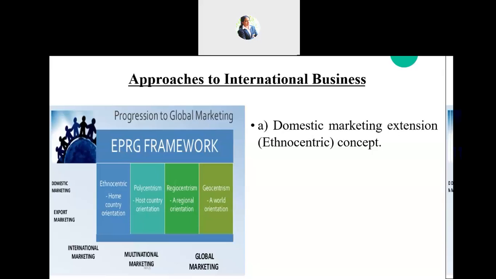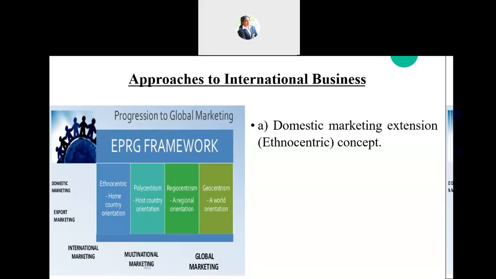And also the general attitude of the people in senior management, especially in the headquarters or in the home country, would be that they think they are more capable of driving the international process of selling and activities as compared to those people who would be working in the subsidiaries of different countries.